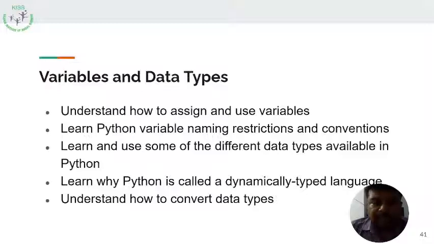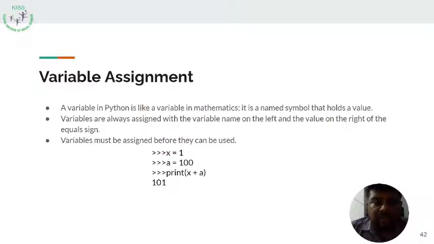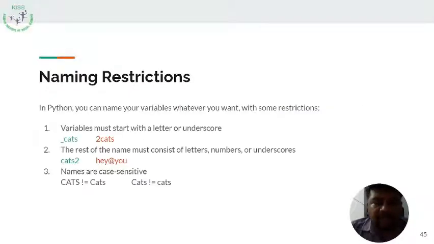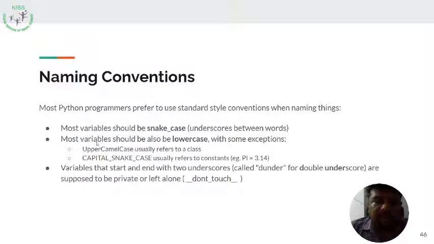So what we saw in case of variables is the naming conventions and how the variables are named. The variables begin with a letter or underscore, and then they are followed by letters, numbers, or underscore. The only rule is that you should not use a number in the beginning of a variable name. We use the snake case, so usually the variables are small letters, and if it is multi-word, we use underscore to join them.